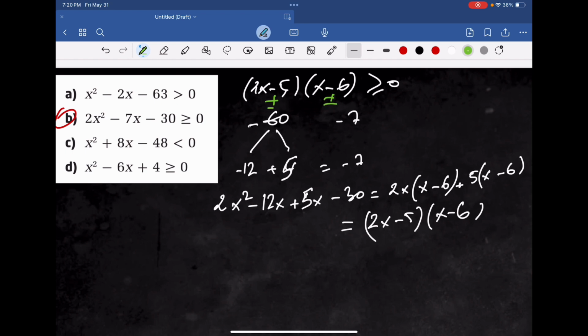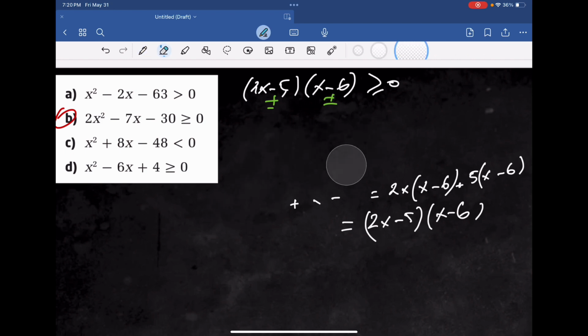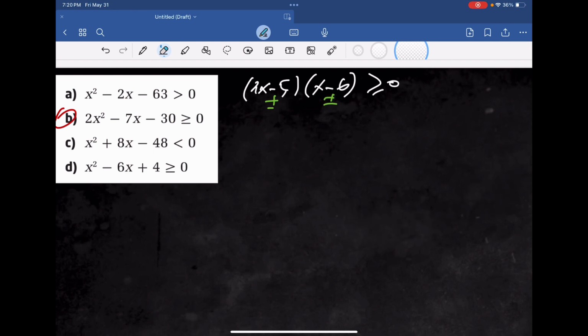So the first case, if they are both positive: 2x plus 5 is positive and x minus 6 is positive.